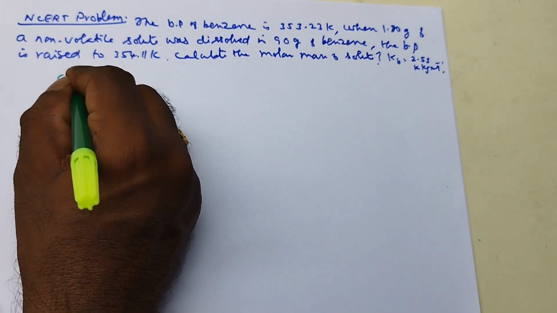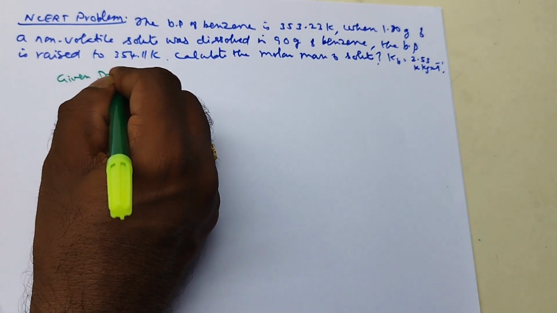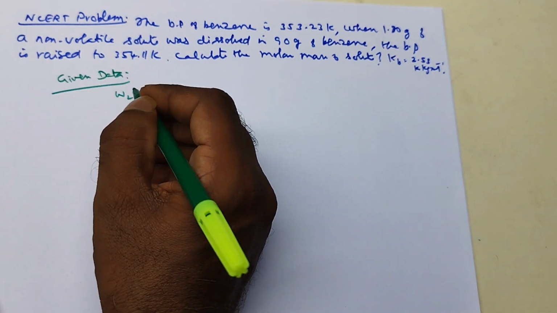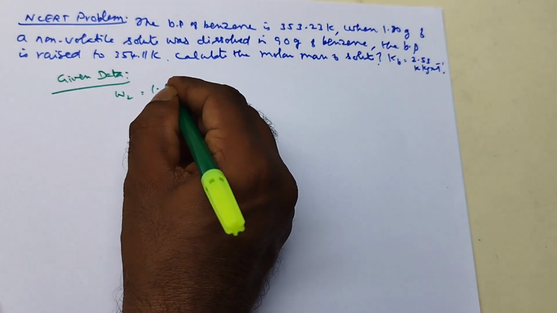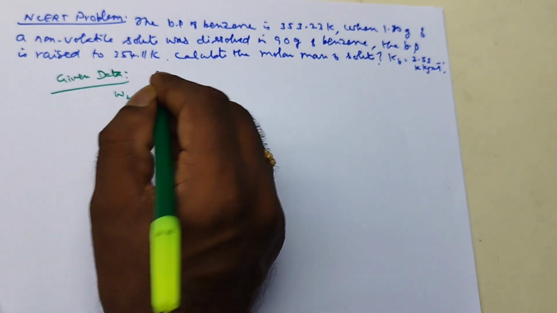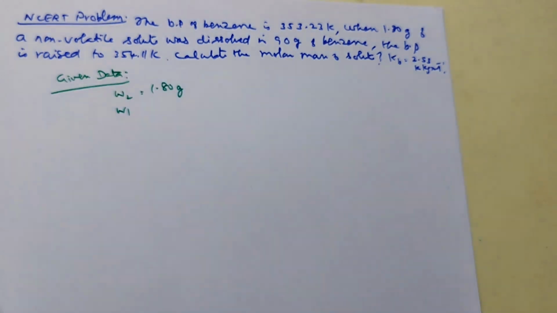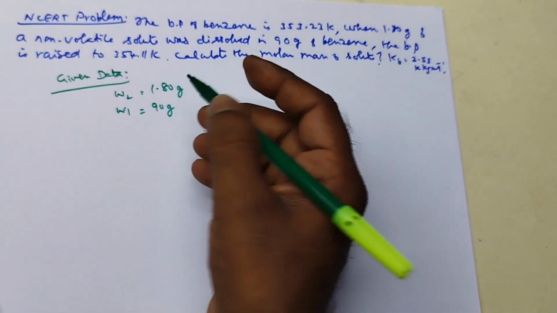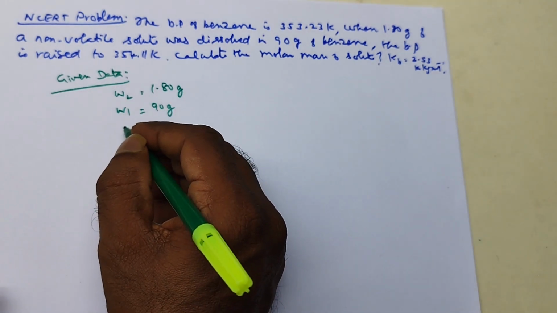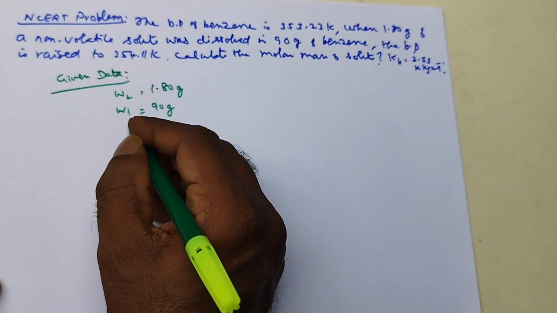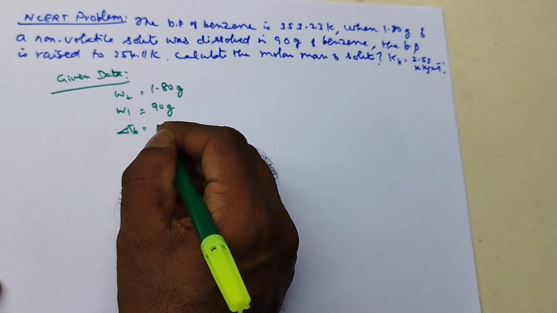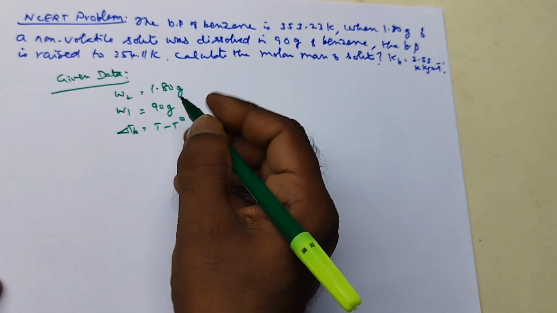Given data, you got right. What is W2 given? It is nothing but 1.80 gram. W1 is also given as 90 gram. Then T and T naught are given, so delta TB you have to find out. T minus T naught.